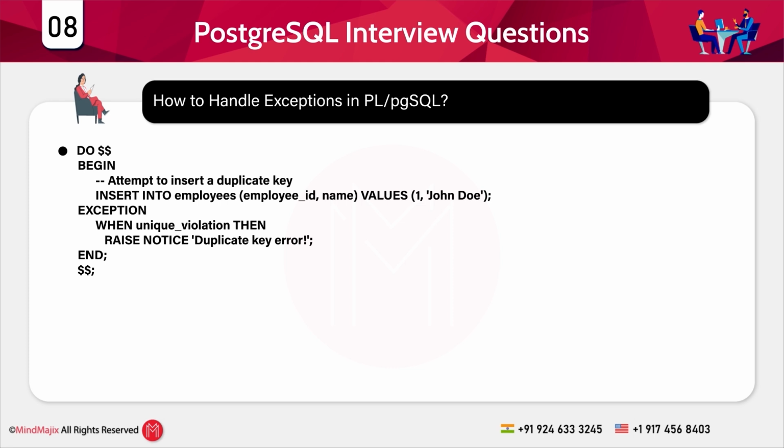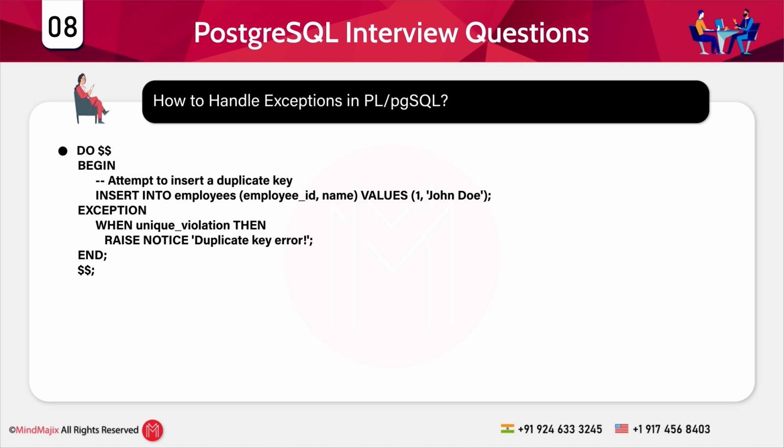Since this record is already present in the table, whenever we are inserting a duplicate record or a duplicate key inside a table, we have to raise an exception. And how do we define the exception? We are writing the keyword EXCEPTION and then the required action once you encounter that exception.